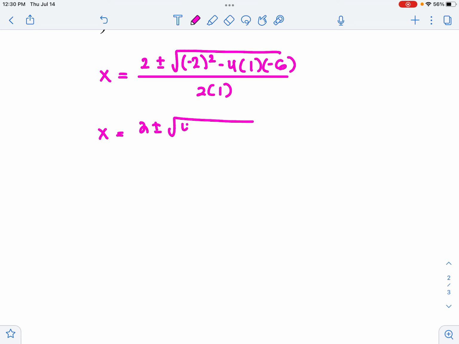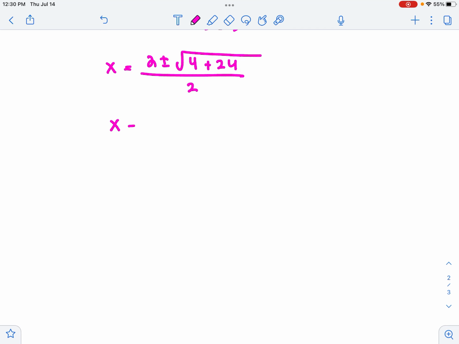Negative 2 squared is positive 4. Negative 4 times 1 times negative 6 is positive 24, all over 2. X equals 2 plus or minus the square root of, I'm going to add those 2 numbers together, 28, all over 2.